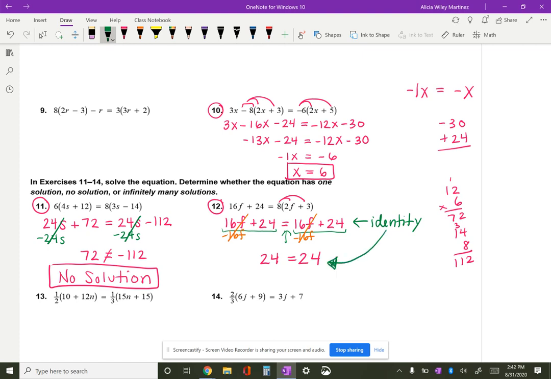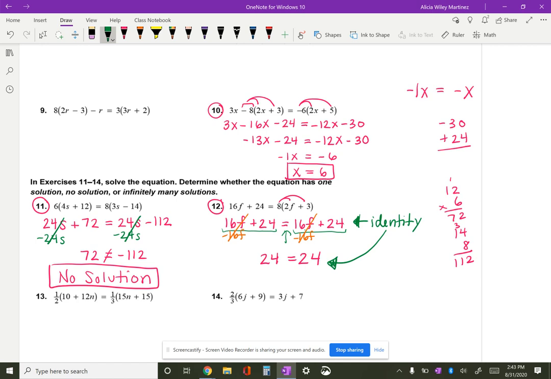Another identity. So one way to tell that you have what we call infinitely many solutions is that the variables cancel out and you get a true statement. Another way to identify infinitely many solutions is by seeing that even before the variables cancel out, I have an identity, meaning it is exactly the same.